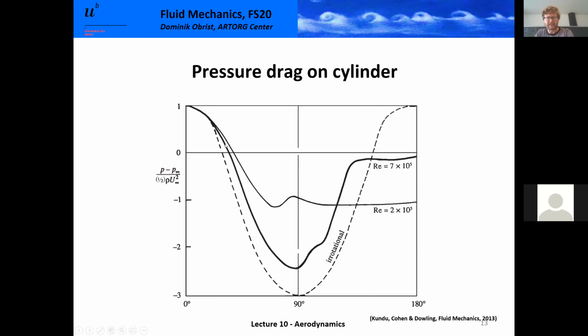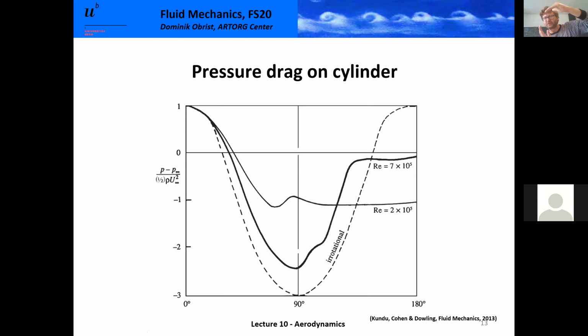The thick solid line is what is happening at Reynolds numbers higher than 300,000. And we see that the flow remains attached until about this point. This is at 125 degrees where the flow then separates. The velocity has already decreased because we're already coming to the back side of the cylinder.